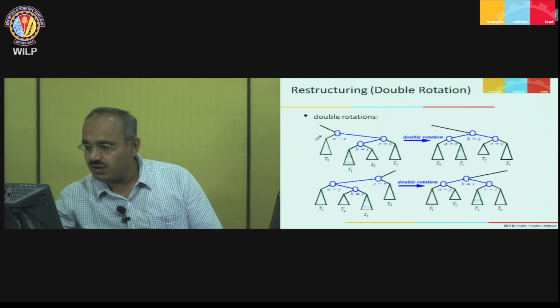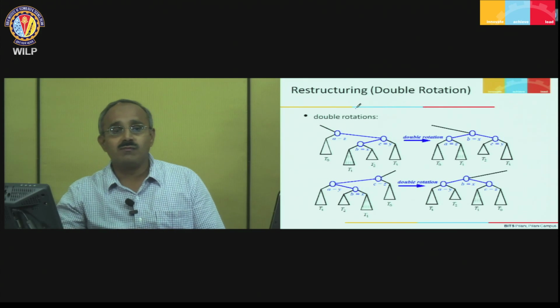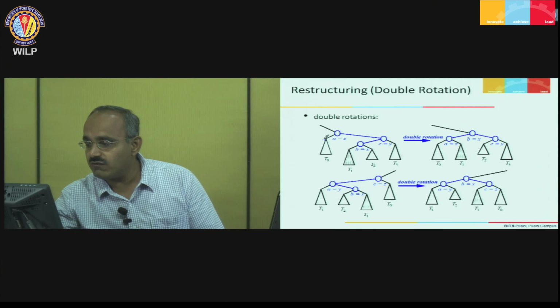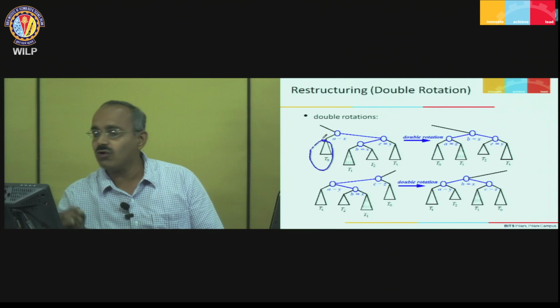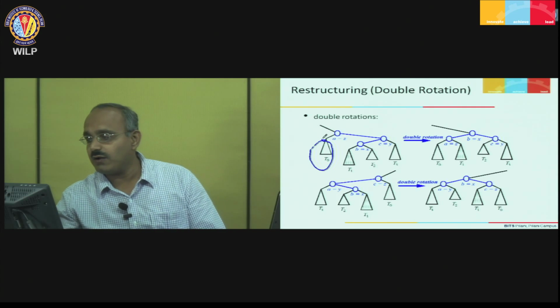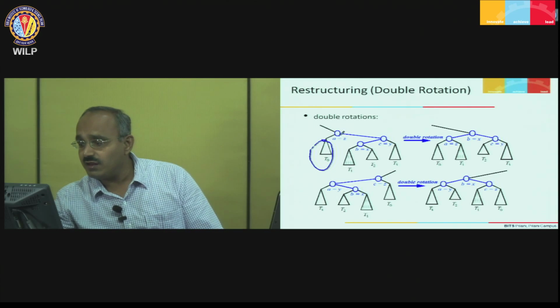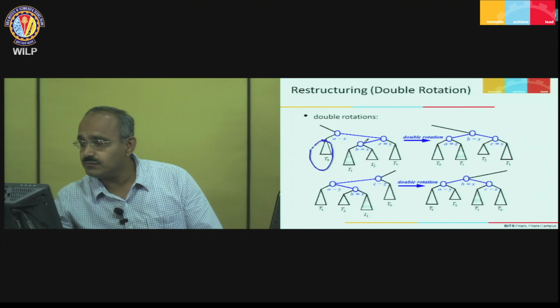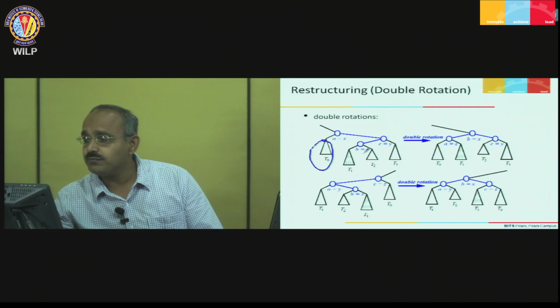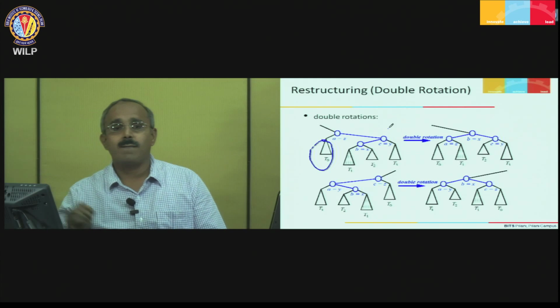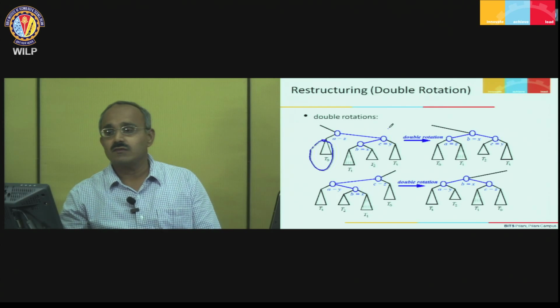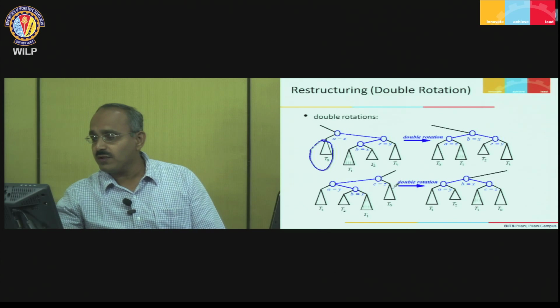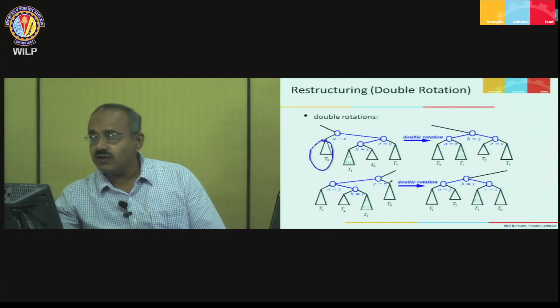If I look at the in-order traversal, you would have visited the left part of the subtree rooted at A, then you would have visited A, then B and then C. So, even here again Z is where the property is violated.